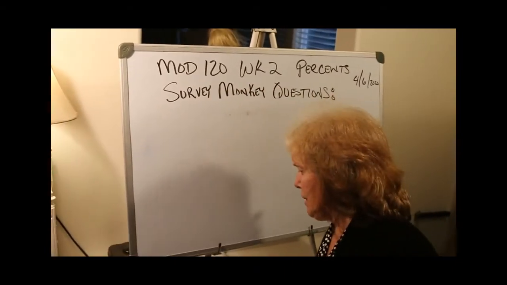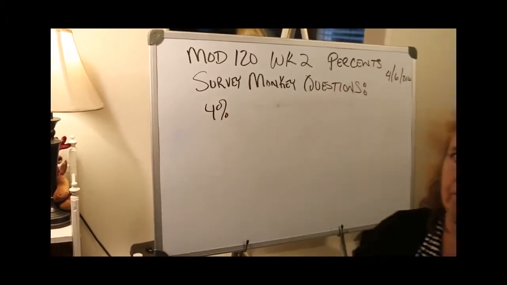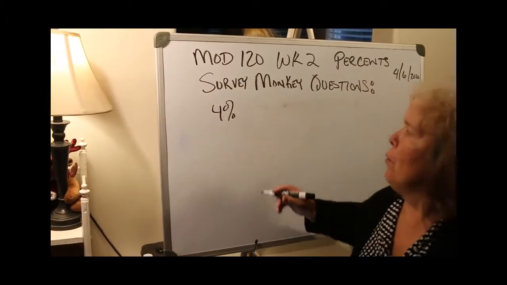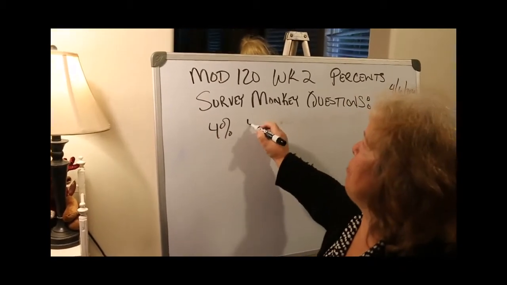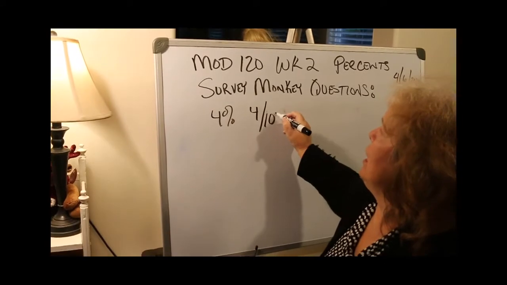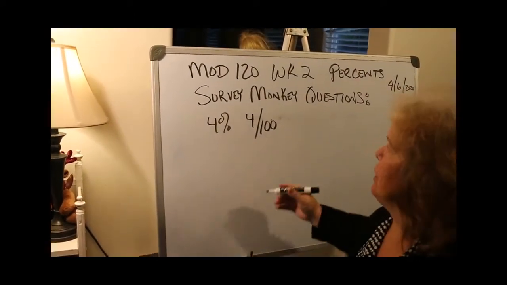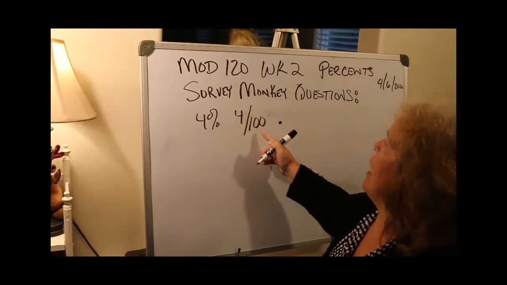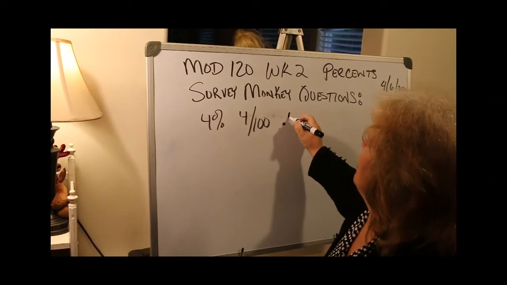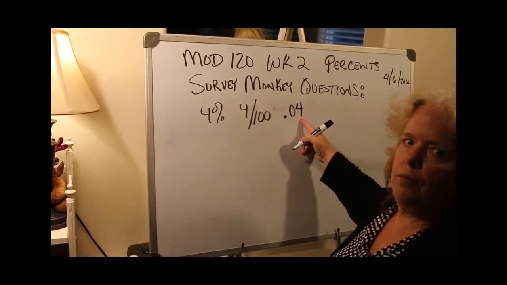The next one says convert 4% to a decimal. Remember, what does 4% mean? It means 4 over 100. So if we're going to convert it to a decimal, we have to convert it to less than 1: 4 out of 100, so 4 hundredths.